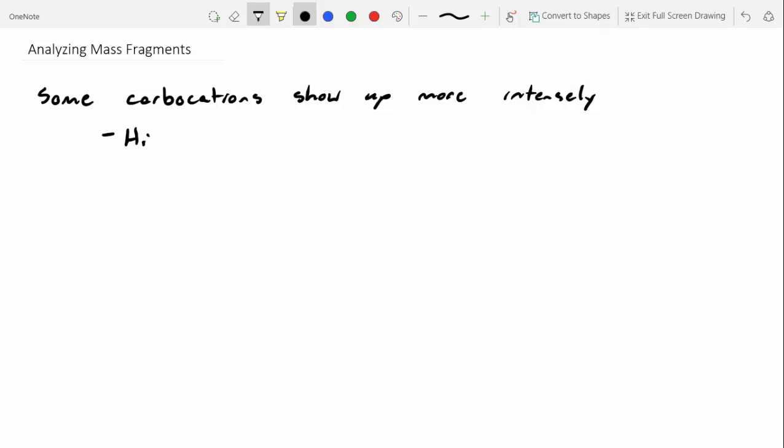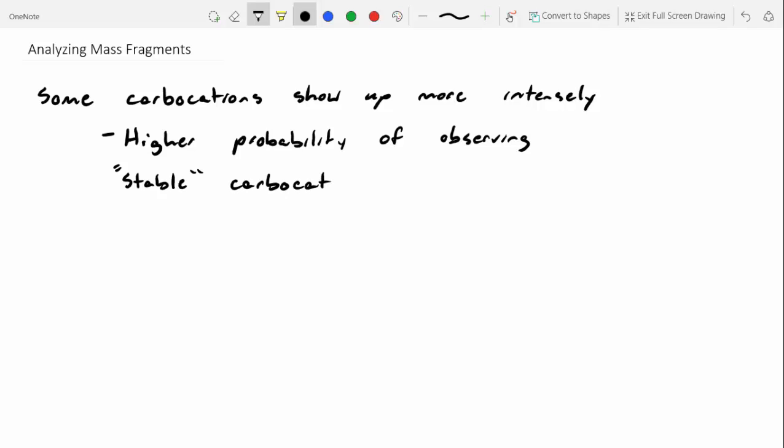And we said that there's a higher probability of observing stable carbocation fragments.